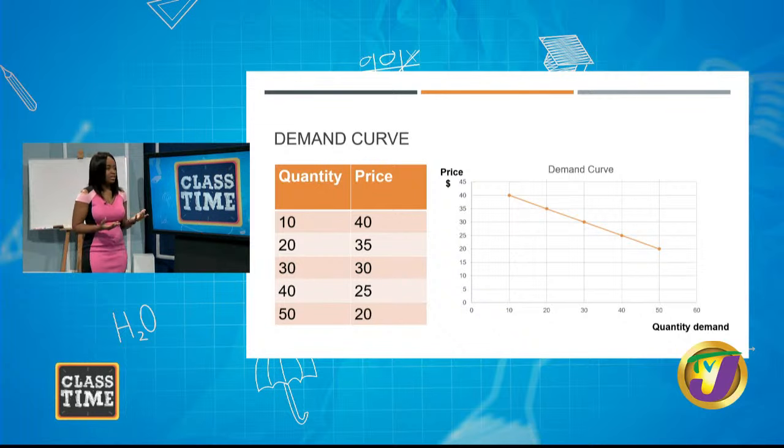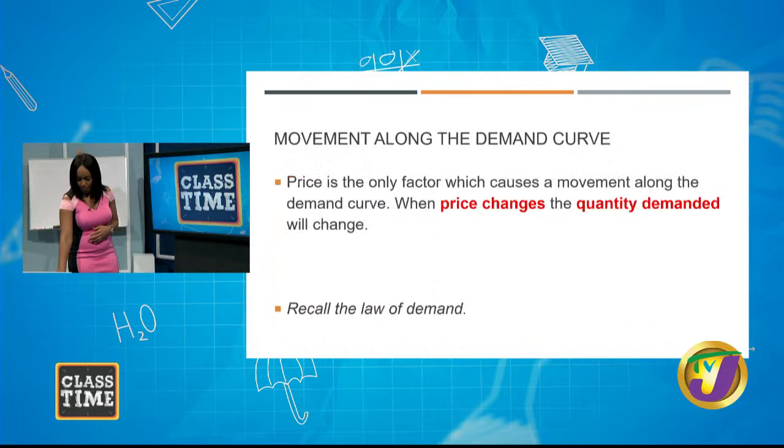Now, this is why your demand curve will slope downwards. Notice that when the price of the good is $40, 10 units are demanded, and as the price decreases, the quantities demanded tend to increase. And as I mentioned before, this is generally what happens when you have a normal good. Now, the movement along the demand curve is what you just saw in the graph, right?